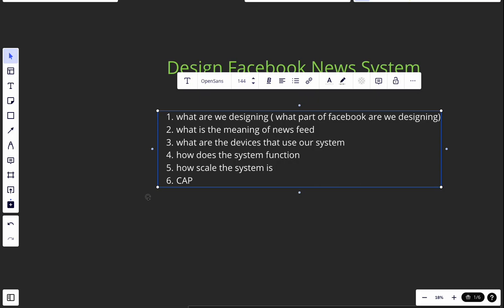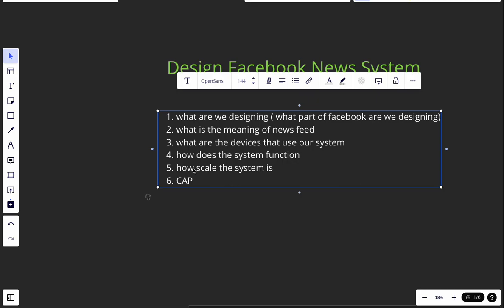If you don't know what the CAP theorem is, give me a minute. The CAP theorem, also known as Brewer's theorem, is a fundamental concept in distributed systems. It states that it is impossible for a distributed system to simultaneously provide all three of the following guarantees.